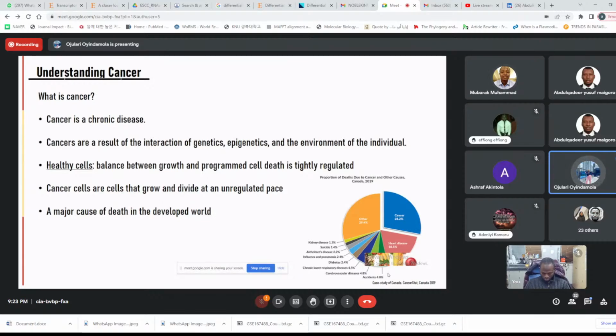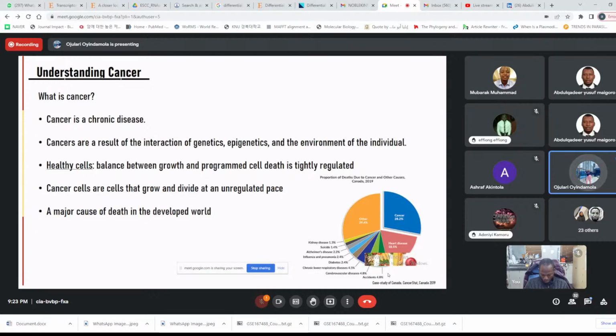So our body is like a molecule. So once one of it is tampered with or not functioning the way it should function, it can result in several types of metabolic diseases or malfunction in general.